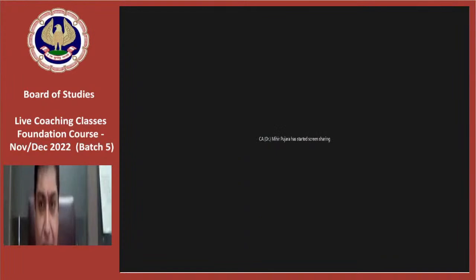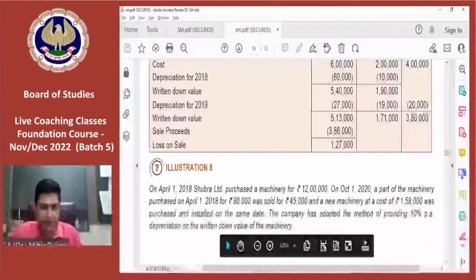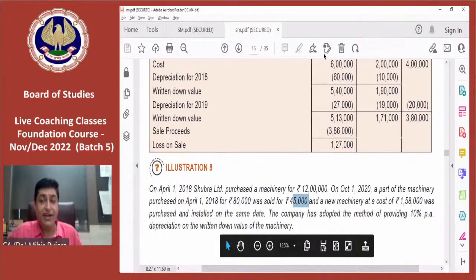If you see the question, we sold it for 45,000. So I would say bank realized 45,000. Bank realization of 45,000 will also be part of the machine disposal account.